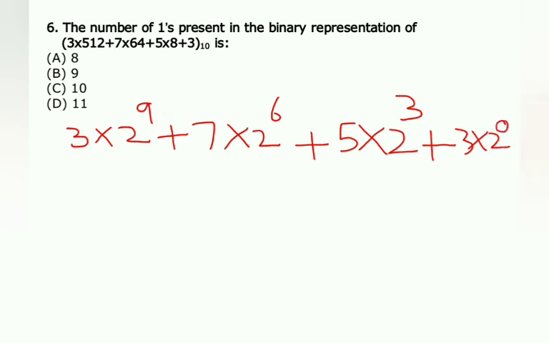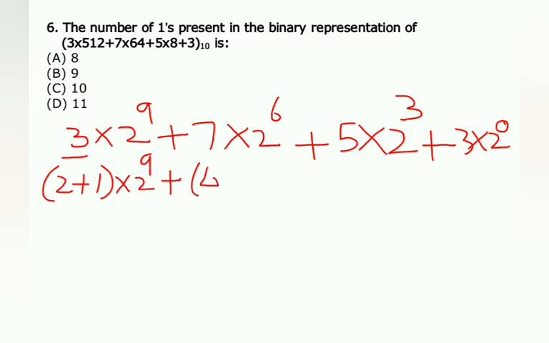Right. Now we can write the value 3 as 2 plus 1. So 2 plus 1 into 2 power 9 plus 7, which can be written as 4 plus 2 plus 1.